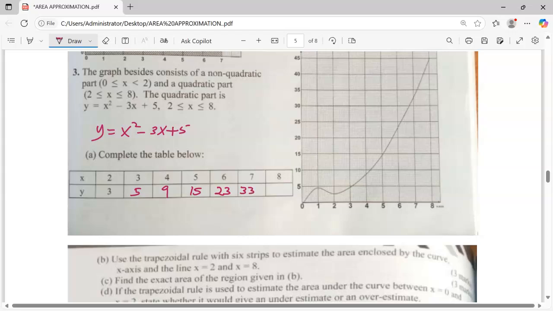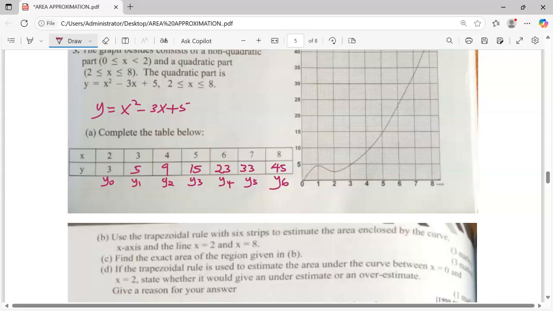And when it is 8, you'll get 45. Once you have gotten the values of y, we can give them strips: y0, y1, y2, y3, y4, y5, and lastly y6.